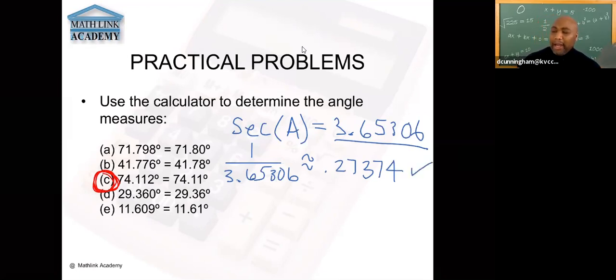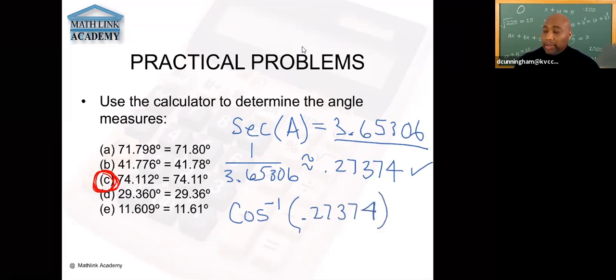You're going to use that number for the relationship the secant is in. So what's the relationship of the secant? What big three? Right, it's the cosine. So what you're going to do now is use the inverse cosine function of 0.27374.